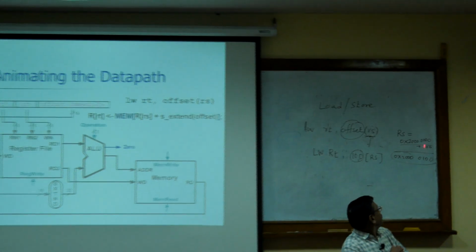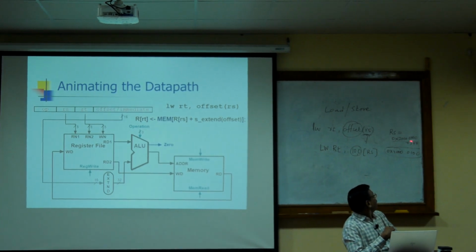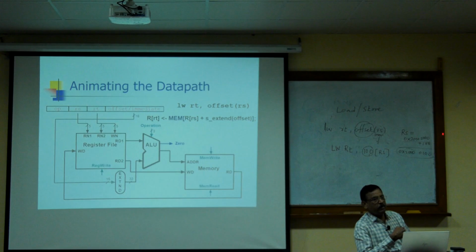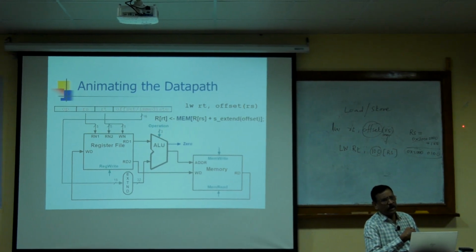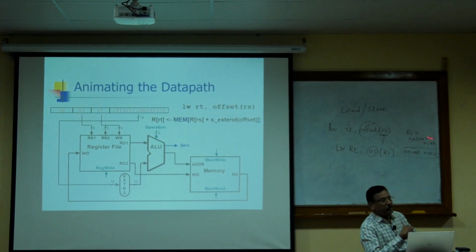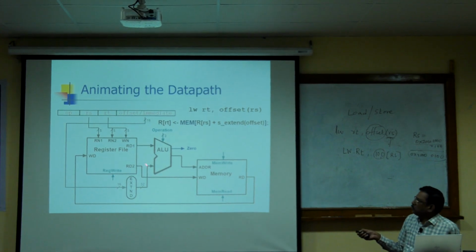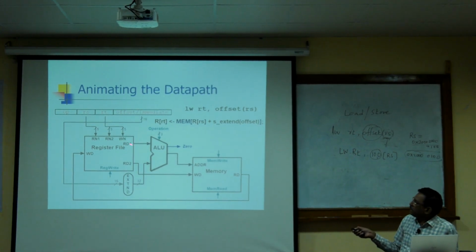So that's why this is extended to 32. The sign may be 0 or 1. Negative number is 1, positive number is 0. That will be extended to the remaining bits. Sign extension. Then it will become 32-bit.